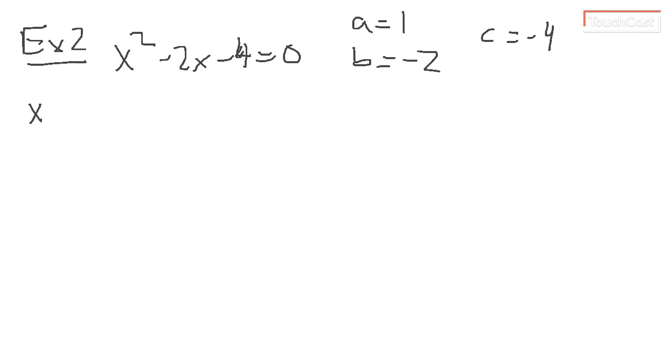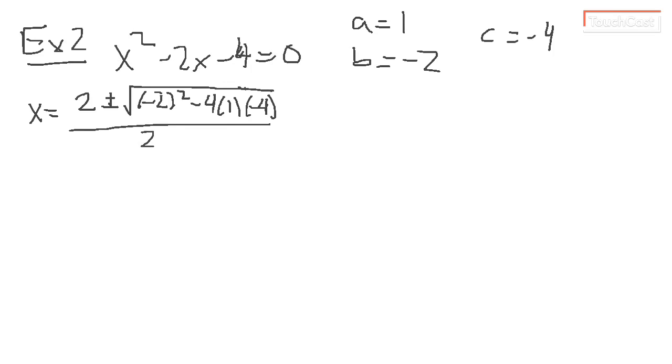So I'm going to go x is equal to negative b, so the opposite of negative 2 is 2, plus or minus the square root of negative 2 squared minus 4 times 1 times negative 4, all divided by 2 times 1.